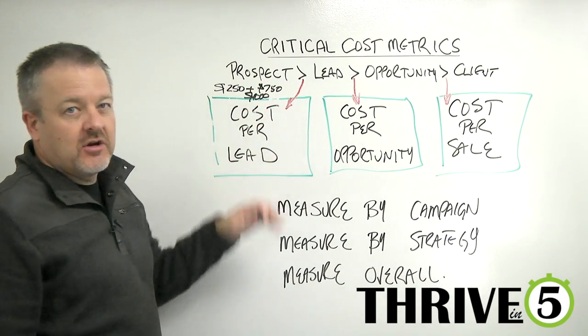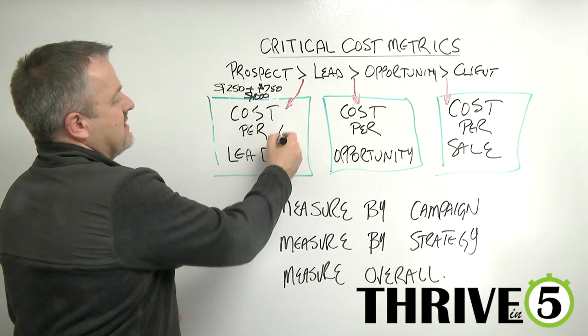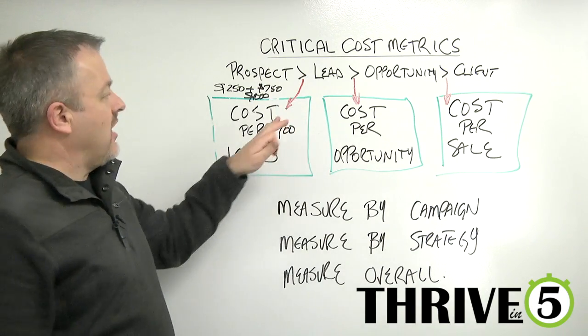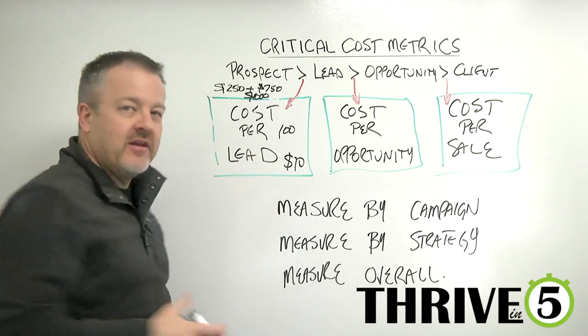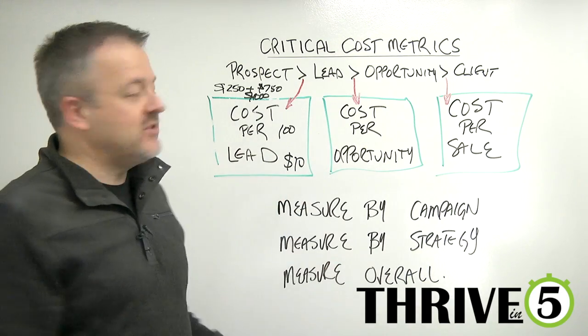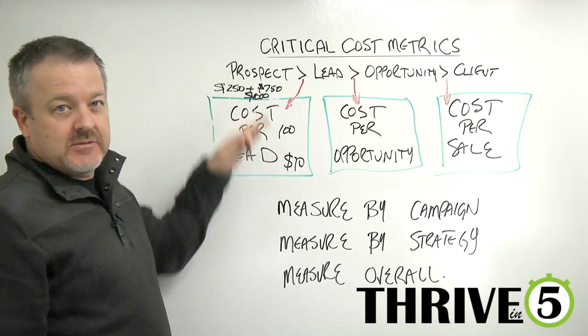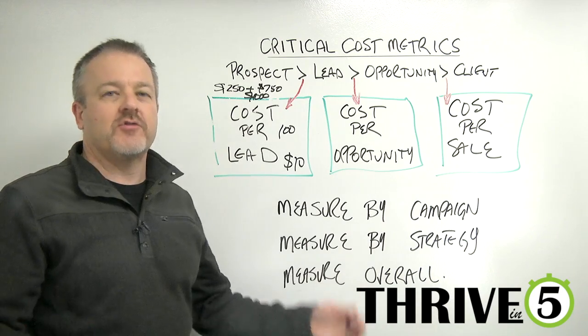That $1,000 cost now, if you get a response, and let's assume that 100 people out of that 1,000 respond, your cost per lead is going to end up being $10. So your $10 cost per lead. It's important to know that. Now, of those leads, let's suggest in this particular campaign, you're inviting them to a special webinar or a training seminar.